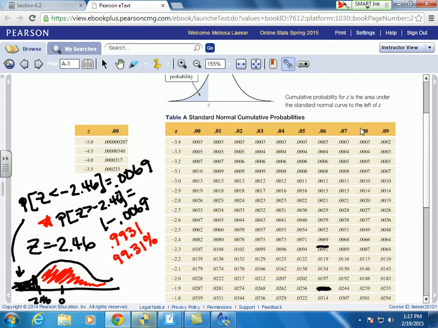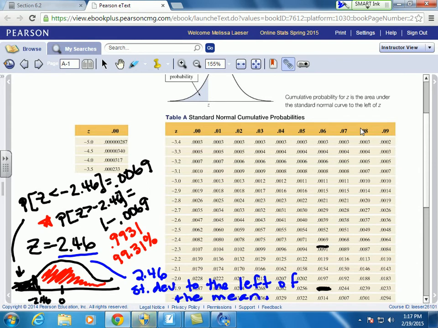So that's how we use this table to calculate the probabilities. This value right here, negative 2.46, means you are 2.46 standard deviations to the left of the mean. And it just so happens that we're in the standard normal curve, so the mean is actually 0.